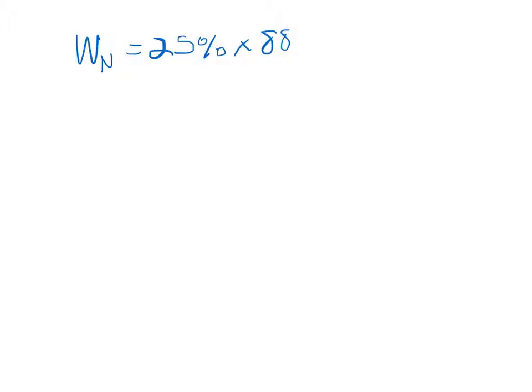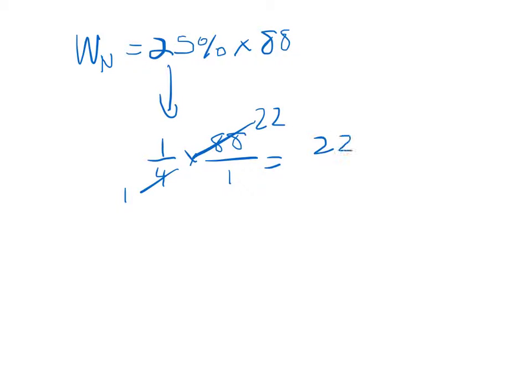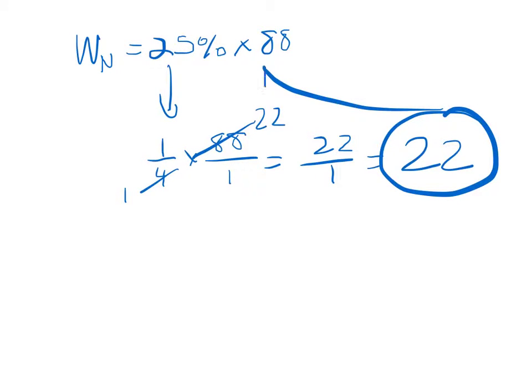So here I might convert this to 1/4. 1/4 times 88 over 1. Reduce there. I can divide both of those by 4. That'll be 1. Divide this by 4 will be 22. 22 over 1. So my answer is 22. And again, that makes sense. That's half of 44, or 1/4 of 88.